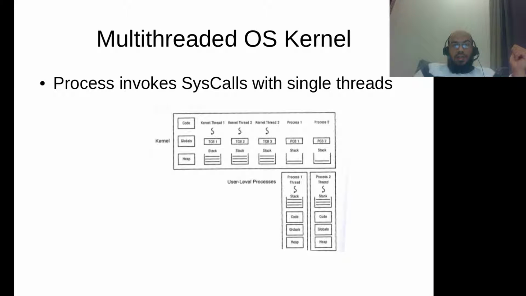The way that the process deals with kernel level threads is that it invokes a system call, and the kernel handles this and starts a new thread for this process, with only one single thread per each of these processes, but making sure that these threads do not violate what they are allowed to do.